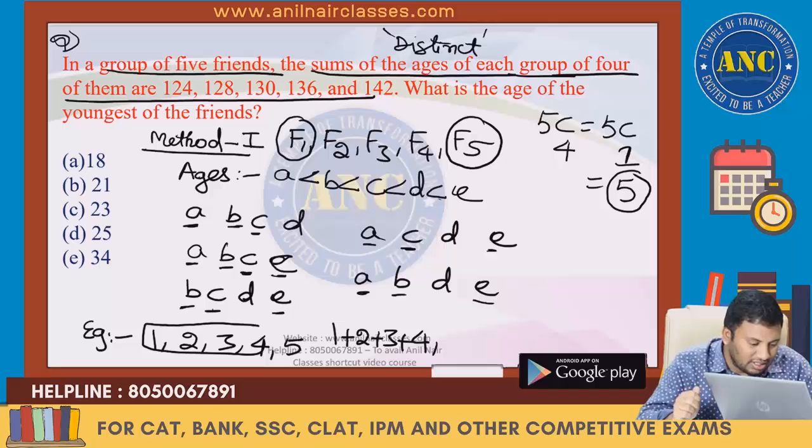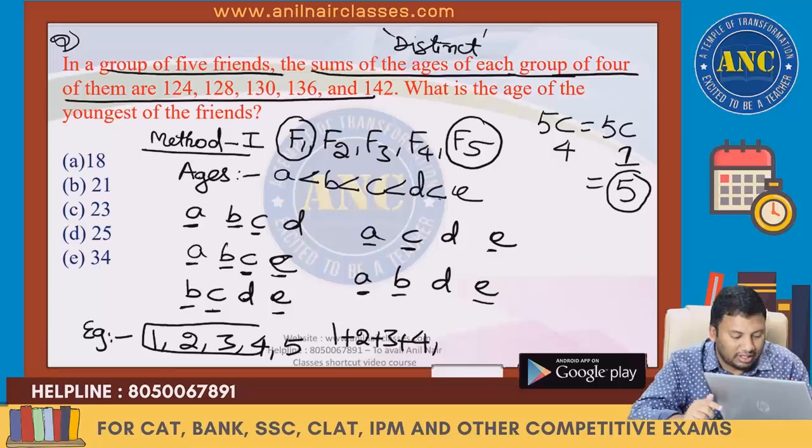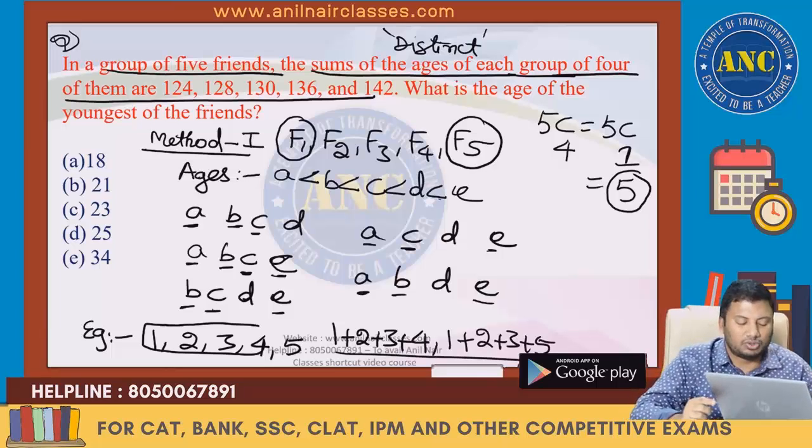Next lowest is 1 plus 2 plus 3 plus 5, which is 11. Next is 1 plus 2 plus 4 plus 5, which is 12. Next lowest is 2 plus 3 plus 4 plus 5.